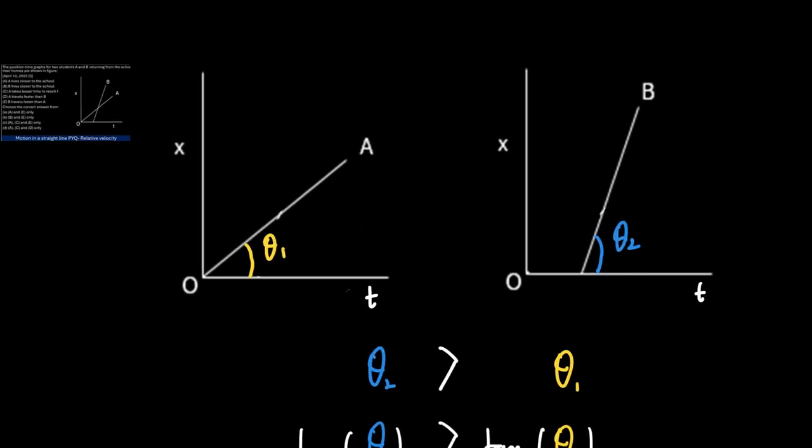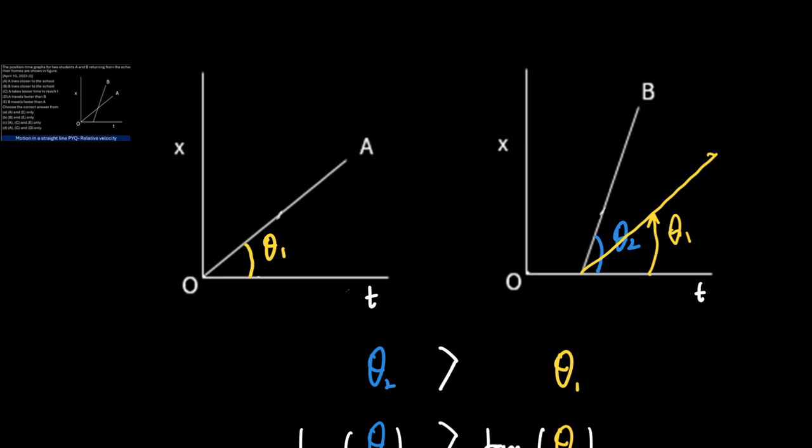Now what do we have here? Again, graph of A, graph of B. Graph of A, which is the graph of xt, makes an angle theta 1 with the x-axis. Graph of B makes an angle theta 2 with the x-axis. It is very clear by comparing these two graphs, if I were to draw this together, this would be theta 1, right?